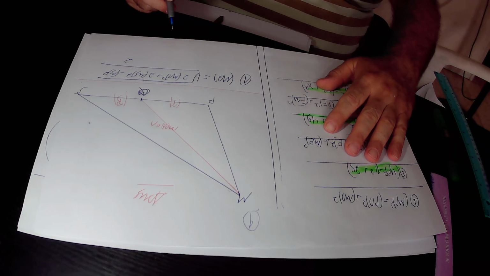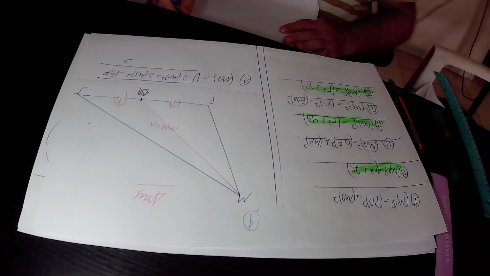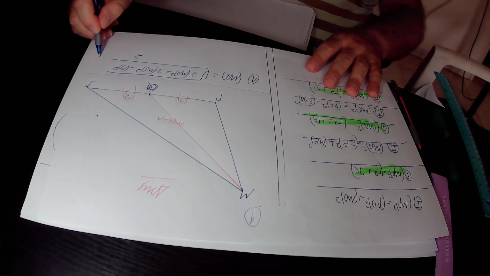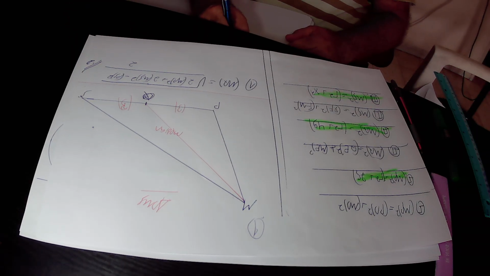Here we'll multiply this equation 1 by 2, and we get that according to equation 1, 2 times MQ equals the square root of 2 times MP squared plus 2 times MS squared minus PS squared.